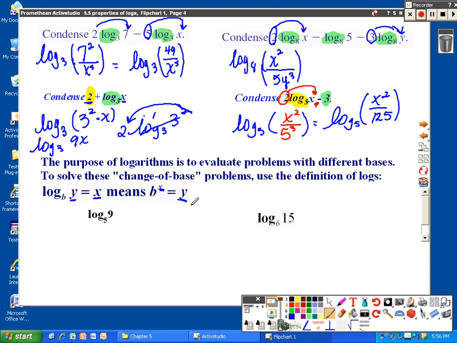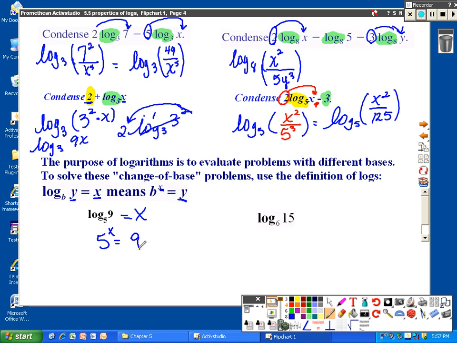So let's just rewrite this like we did in the very beginning. Log 5 of 9. Rewrite it in exponential form. So that becomes base 5. Do you know what log base 5 of 9 is equivalent to? No, so we're going to call it x. So it's base 5 raised to the x equals 9.